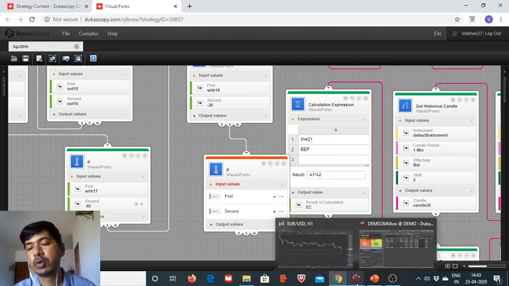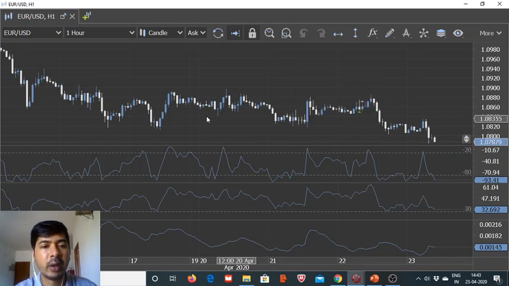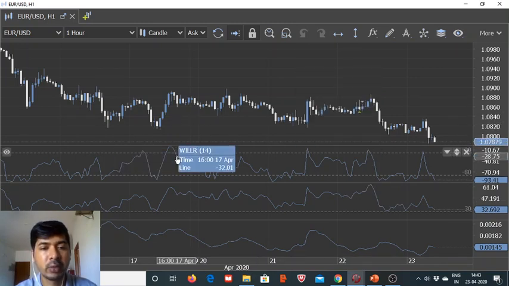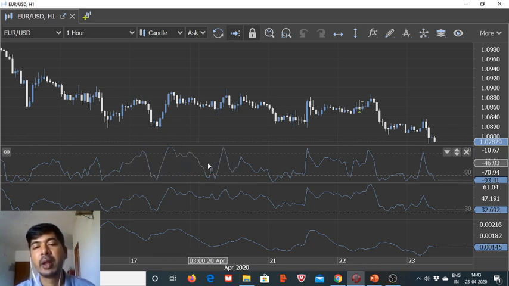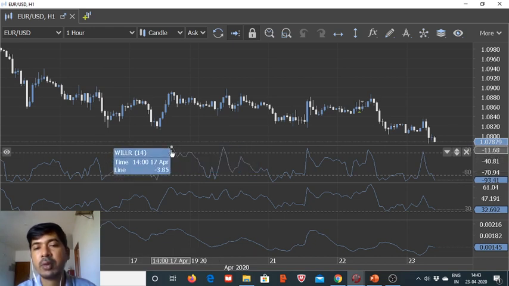So I will show you on the chart once again. As we were looking at this condition, the current Williams R value should be above minus 50, and then the value 3 hours back should also be above minus 20.